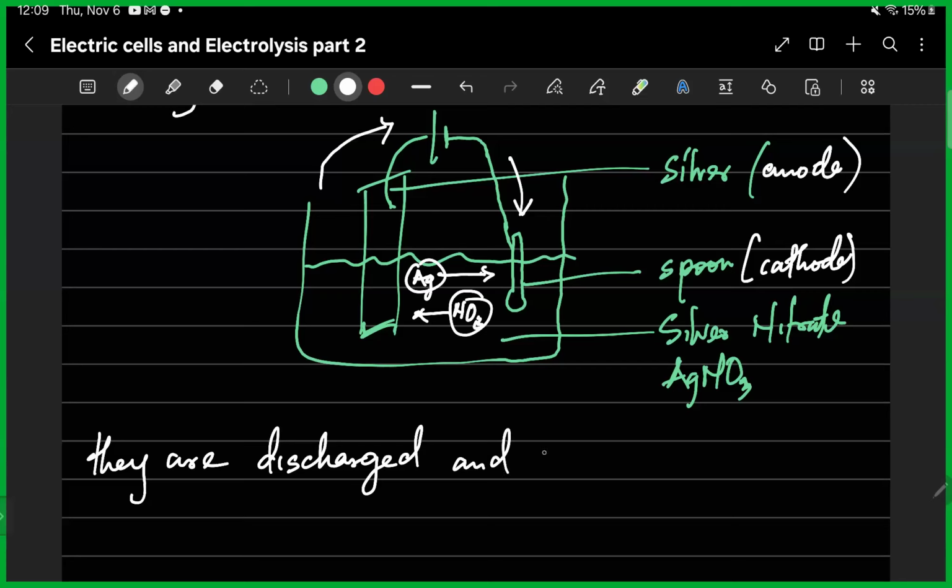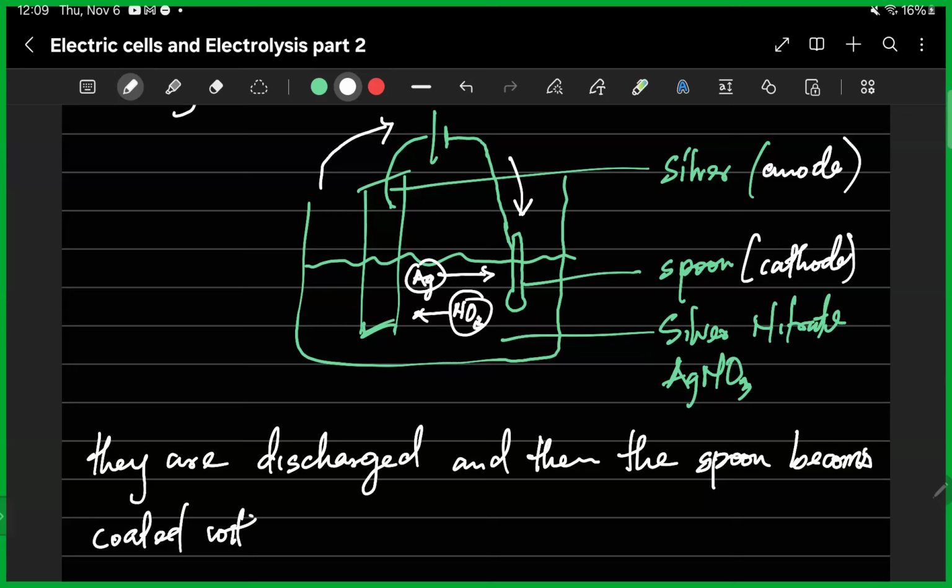And then the silver ions move towards the spoon, and the spoon becomes coated with metallic silver.